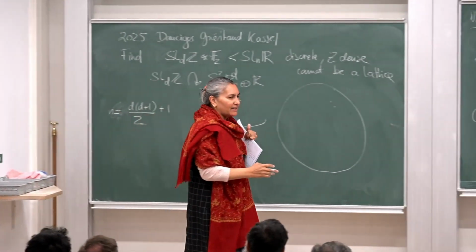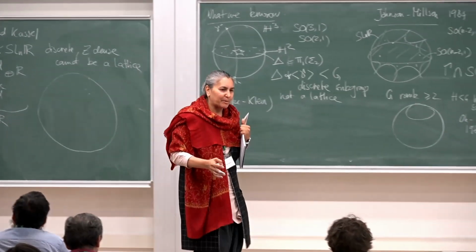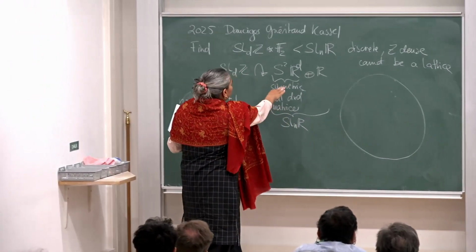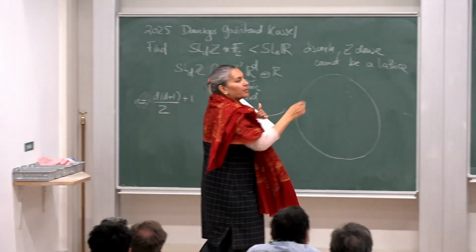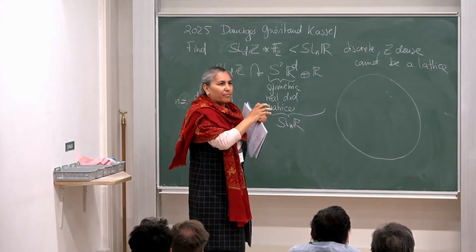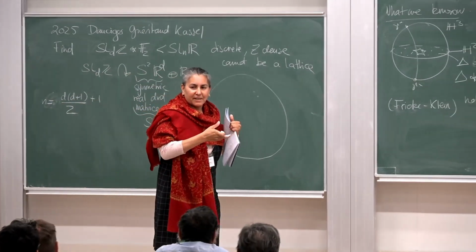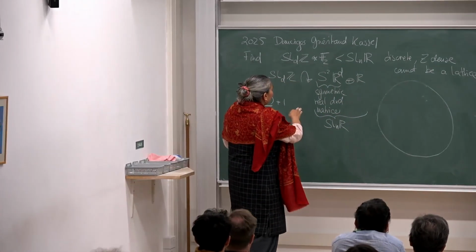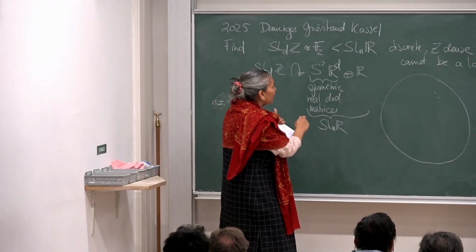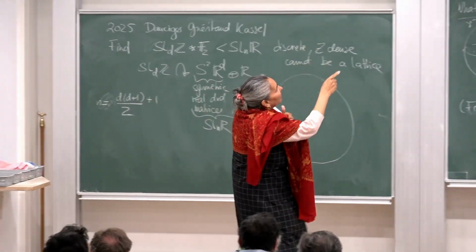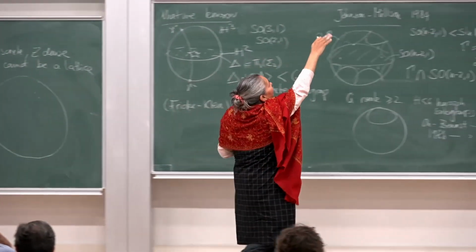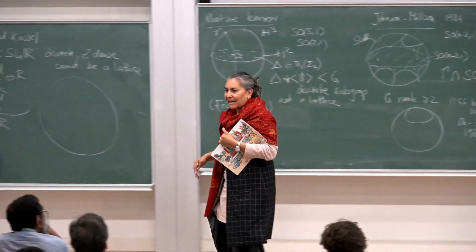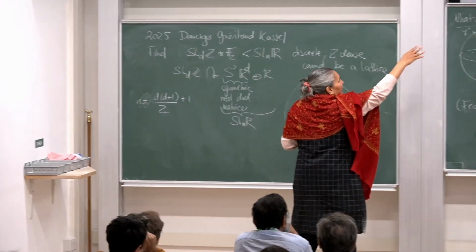And the picture I have in mind from having looked at their paper and listened to their talks is that somehow this representation, when you put it in the upper left corner, is very reducible because you have blocks that split everything, and then I'll give you a sketch of the proof on how we do it. If we know that it's in this corner, then we use this lattice to spread everywhere.